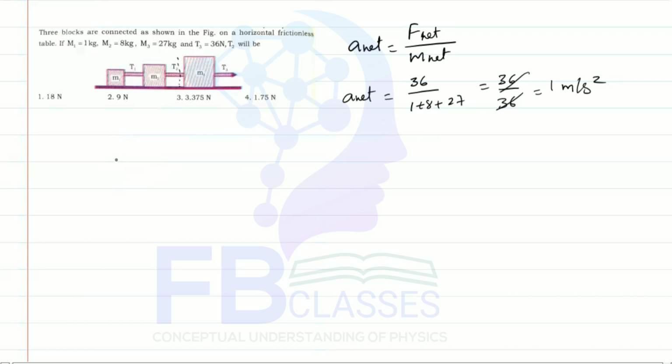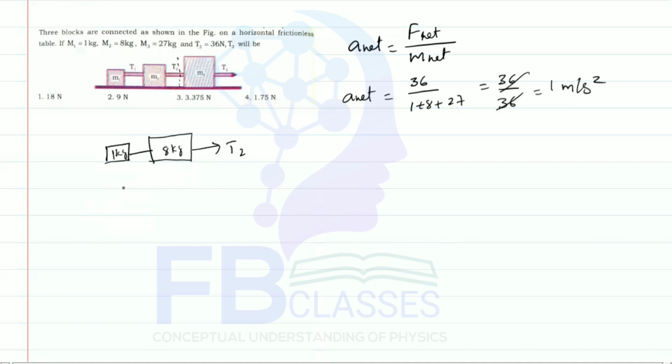Okay, so from here, see the first block, it is connected to the second block. Now this block is 8 kg and this is a 1 kg block. Now here we have to find out the tension, that is T2.